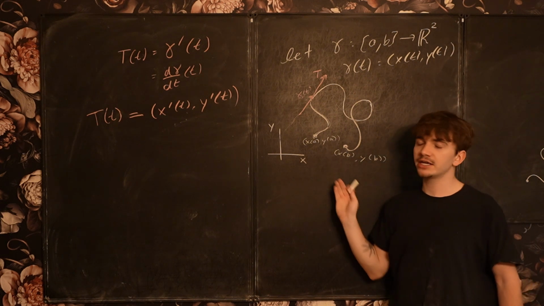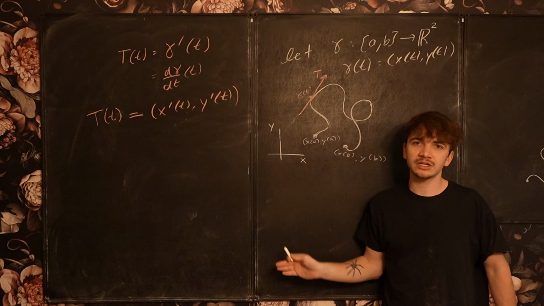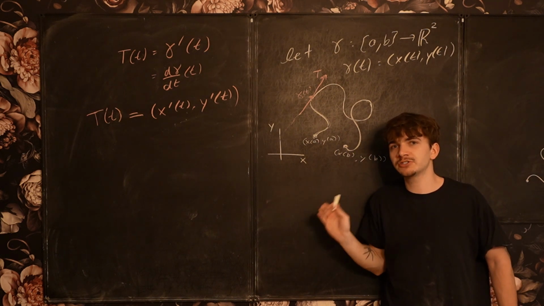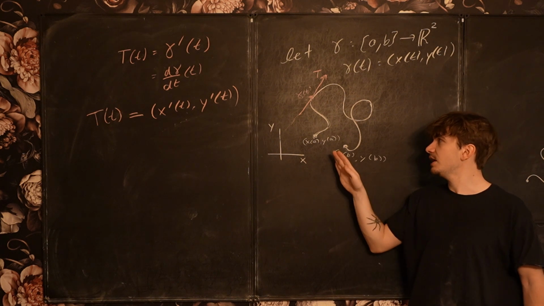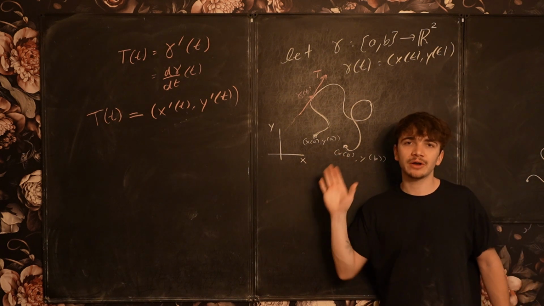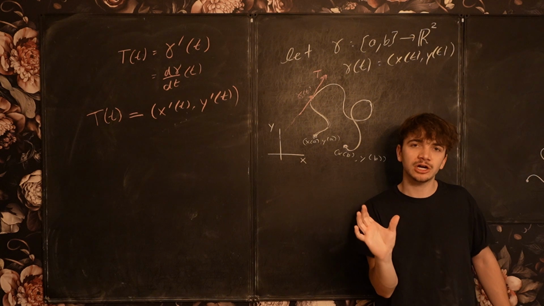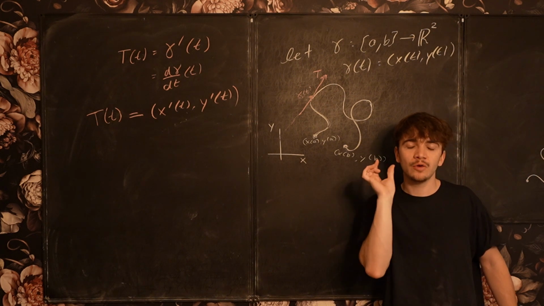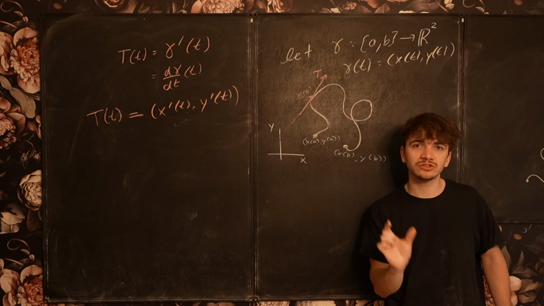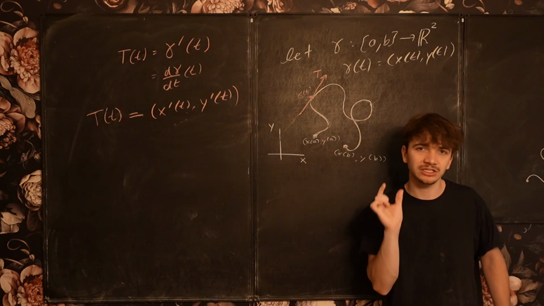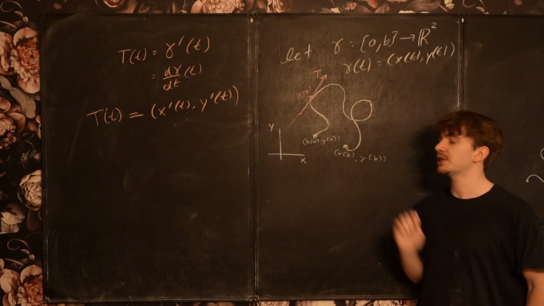That doesn't actually change the shape of the curve, and what we're interested in is the shape. We're interested in the curvature, which is a notion of shape. So we don't care specifically about how this curve is parameterized. That's the key. We just care about the shape of the resulting graph, the resulting geometric curve in the plane.